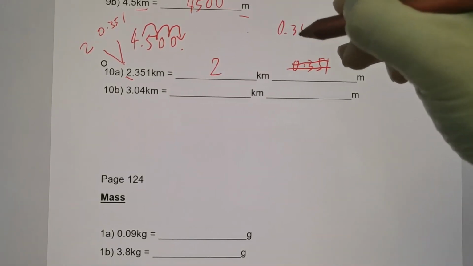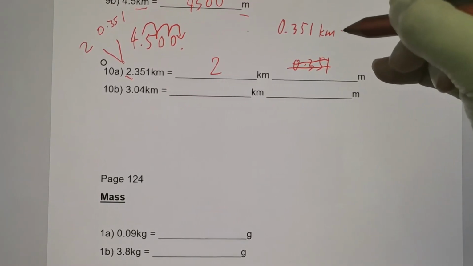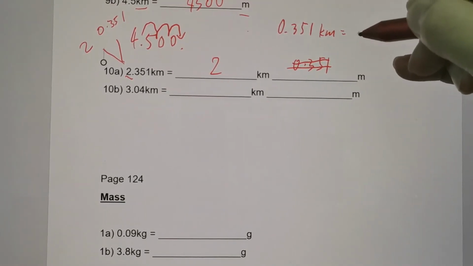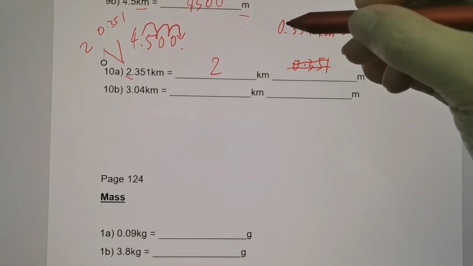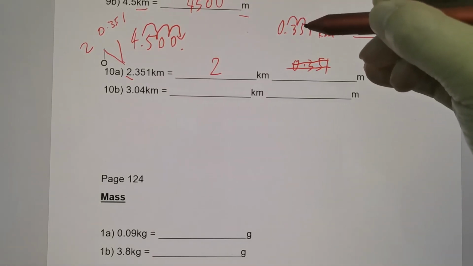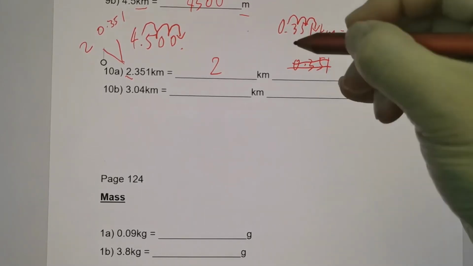So 0.351 kilometers, I want to convert that to meters. And remember, kilometers to meters, you're moving towards the right-hand side, so it's multiplied by 1000. Multiply by 1000 means move 3 times to the right-hand side. 1, 2, 3. So the decimal is now here. So it's 351.